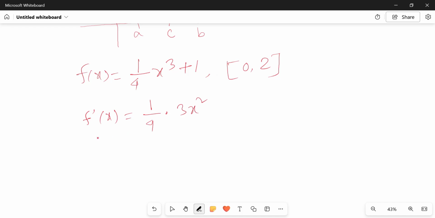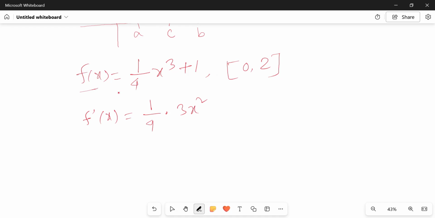To apply the mean value theorem, first we have to check whether this function is continuous and differentiable on the interval. Here f of x equals 1 by 4 x cubed plus 1. This is a cubic polynomial function, so of course it is continuous and differentiable. The graph does not have any breaks, jumps or holes, and polynomial functions are always continuous.